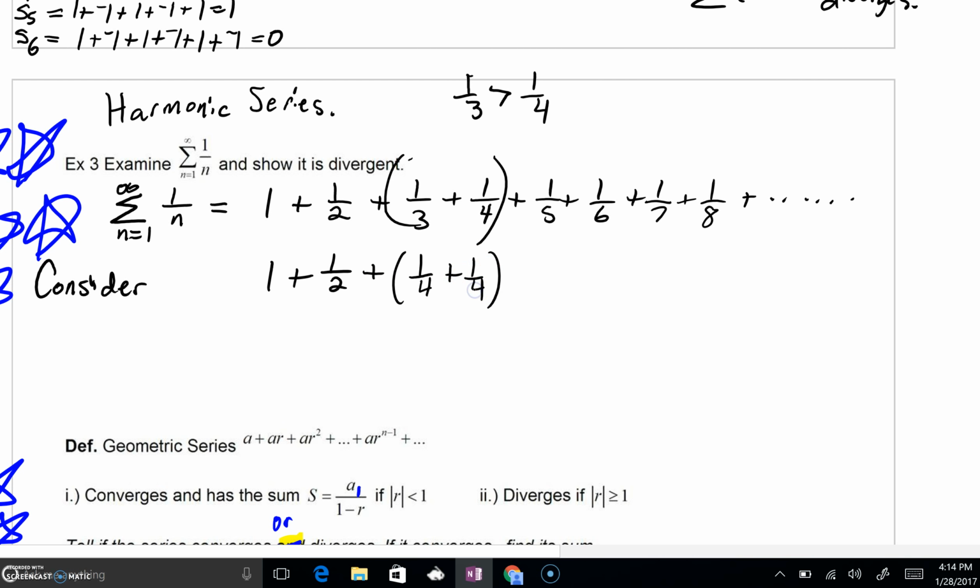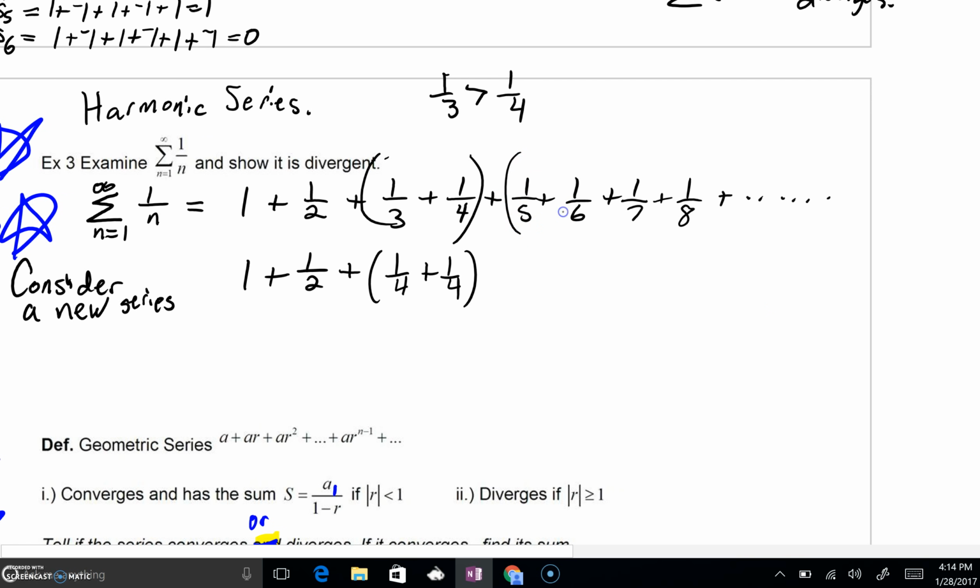So I'm comparing this sum up above, and I'm making a new series right here, and I'm changing a few things. I'm saying, look, instead of adding a 1/3, let's just say we replace that with something smaller, 1/4. The larger a denominator is, obviously, the smaller that fraction is. In a very similar way, as I compare 1/5 to a 1/8, how about I look at all of these?